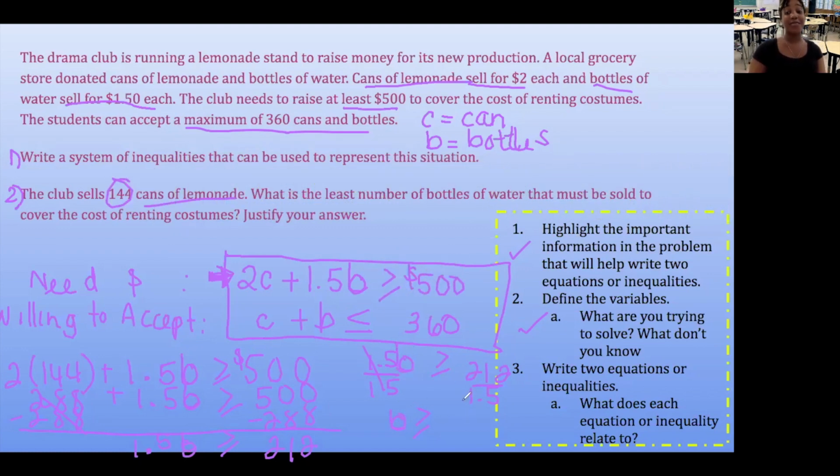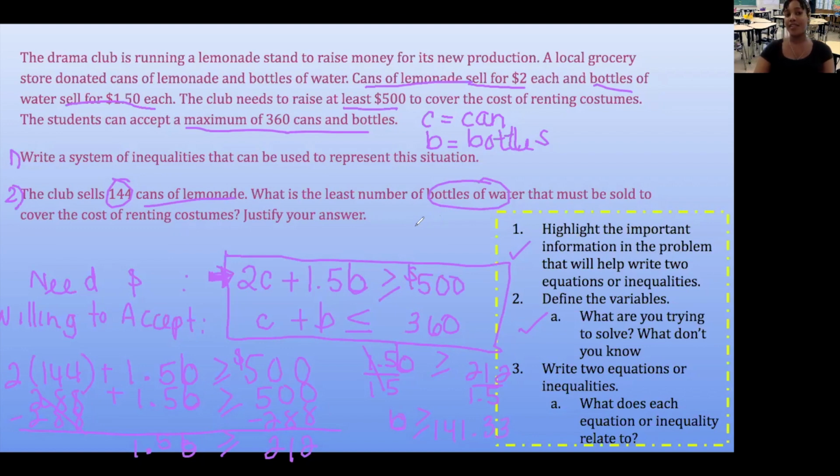All right, so when you do 212 divided by 1.5, you would get 141.333333, right? That number goes on forever. But we can't leave our answer like that because we're talking about bottles of water. Have you ever heard of a 0.33 bottle of water?